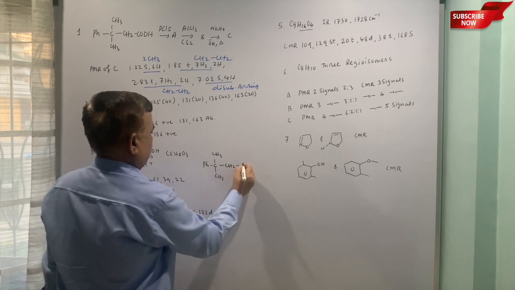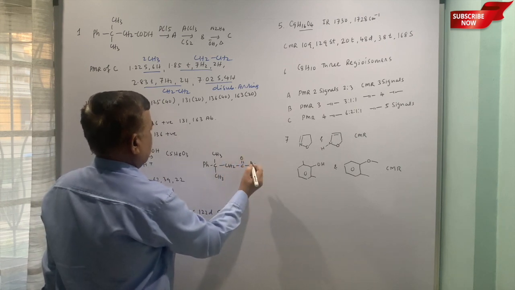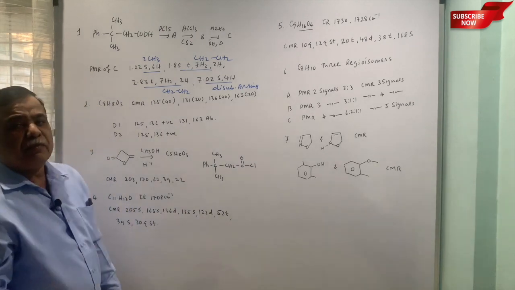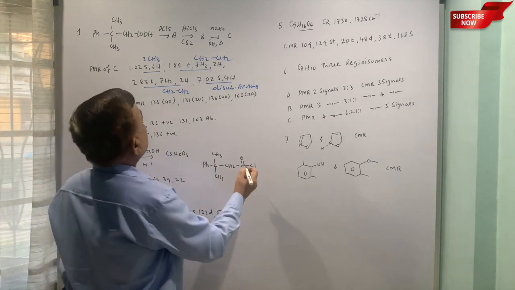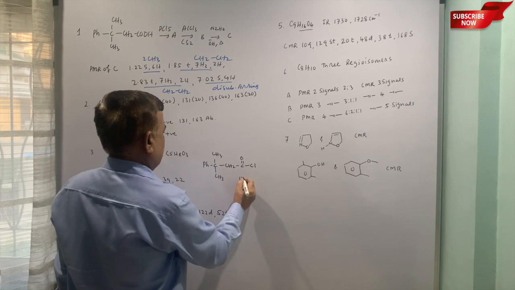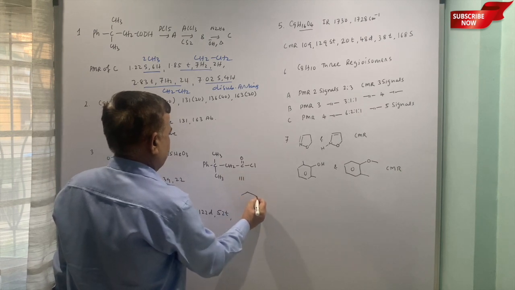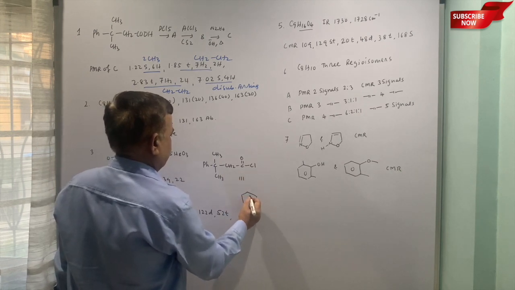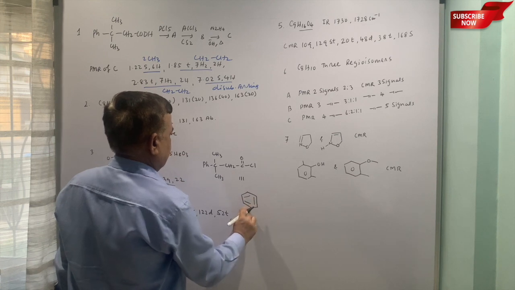CH2 COOH becomes COCl upon treatment with PCl5. Then the same compound I can draw in this way.